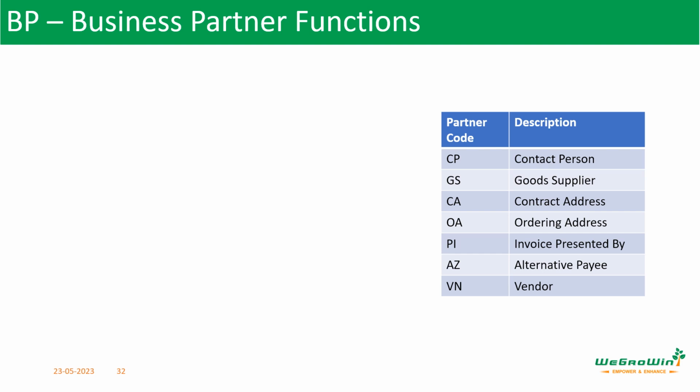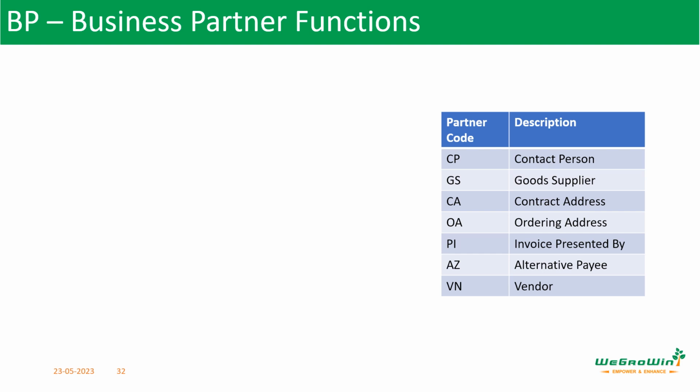For example, a multinational company will process the purchase order to your company. They will supply the metal to your company, so they will have the vendor number VN. But the address to which you will send the purchase orders will be a different address. That is called the ordering address, OA.